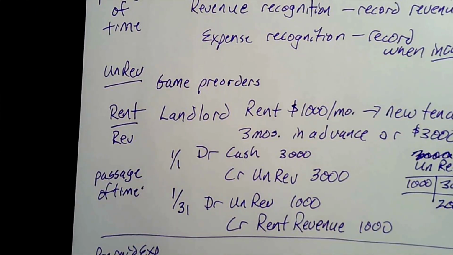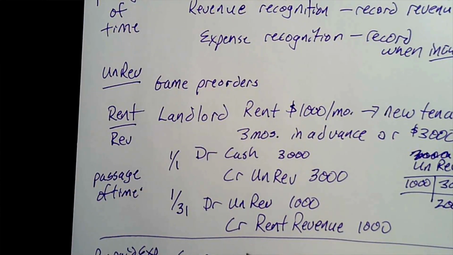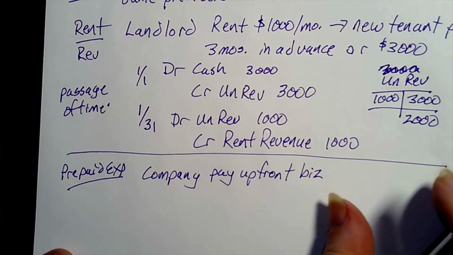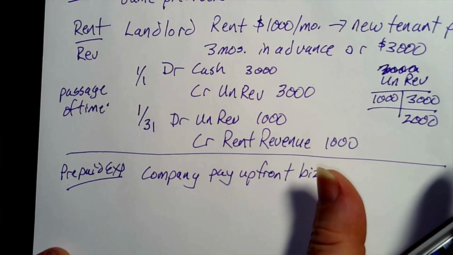So the first one I'm going to show is, let's say we're a company where we have to pay up front our business insurance. Now, a lot of times if you own a store or an office, you have a certain amount of business insurance in case one of your employees trips and hurts themselves.